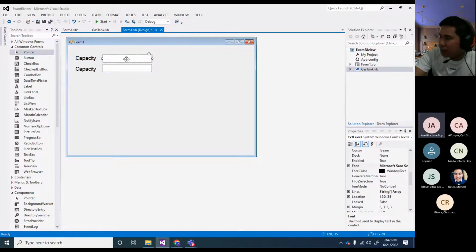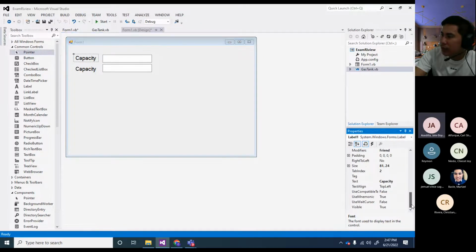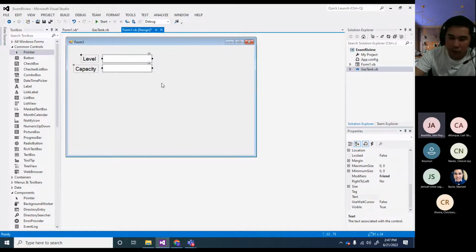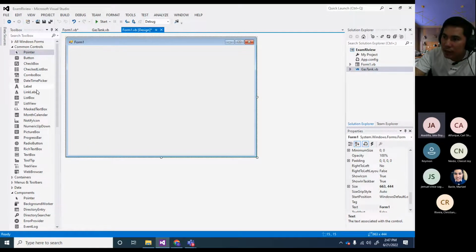This is capacity, level actually, so this is level. Okay, let's put these in a group box.